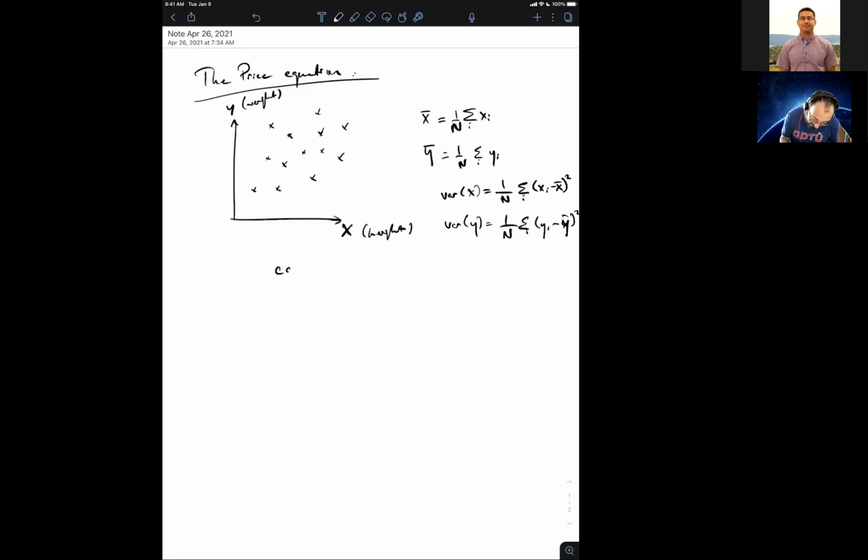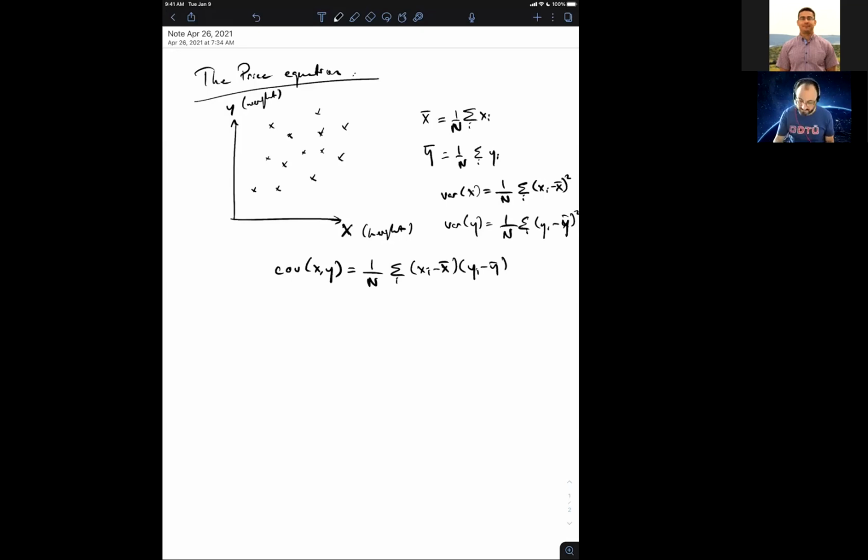Okay, and the basic relationship is called the covariance, which is denoted by Cov, right? And it's simply defined as the mean of the deviation of the ith measurement from the mean in the X direction, times the deviation in the Y direction.